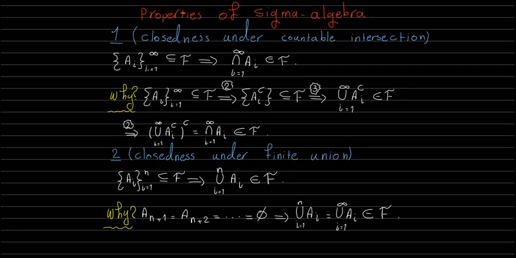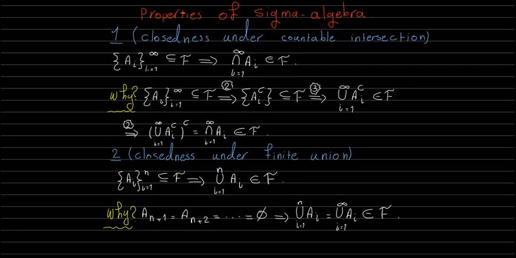And also, as you know, the set itself and the empty set are also in the sigma algebra. These properties that you see here are derived from the main properties, so these are not the main properties. If you had a set and you want to check if it's a sigma algebra, you have to check the main properties.